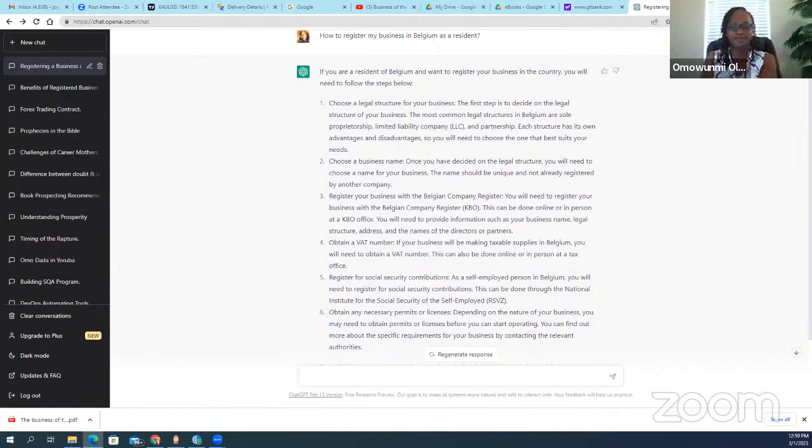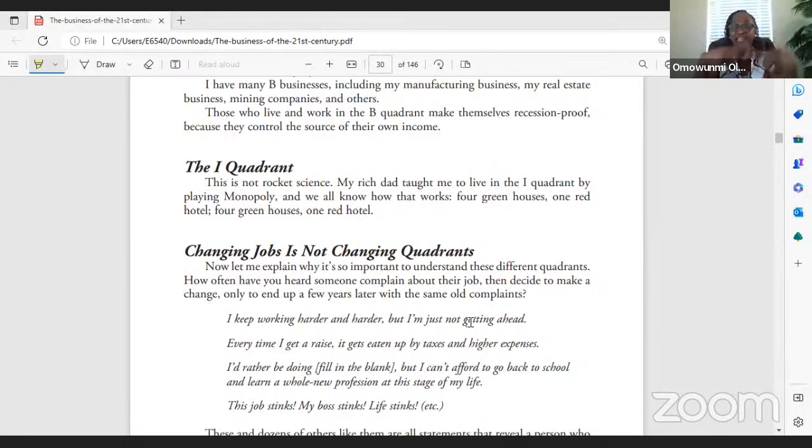The next step now is, for example, for those who are in employment, as soon as you get into employment, you have to have the goal to move the money you are making into a form of investment that will multiply the money for you, so that your money makes money for you.